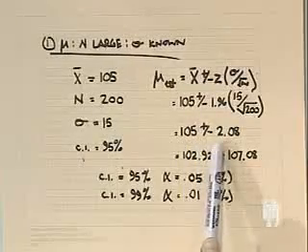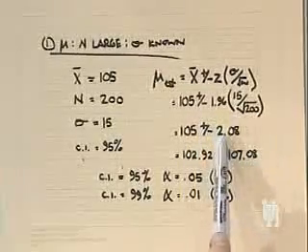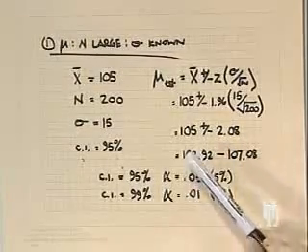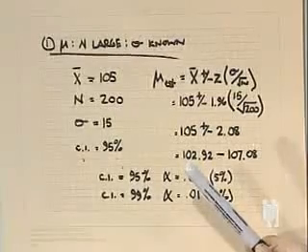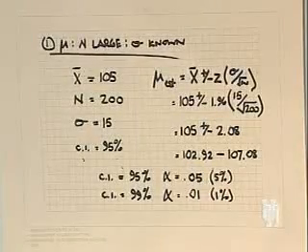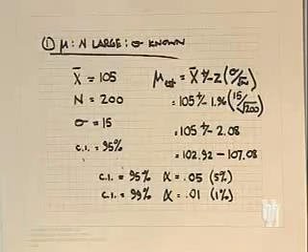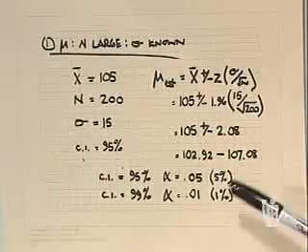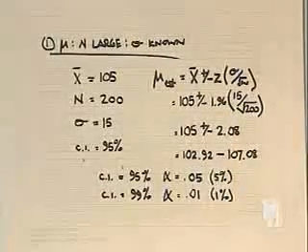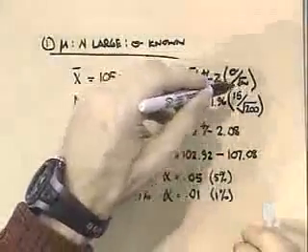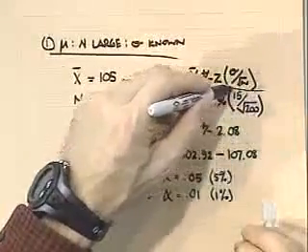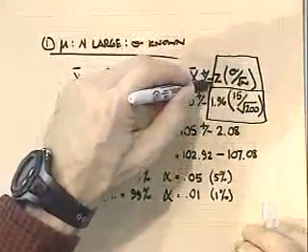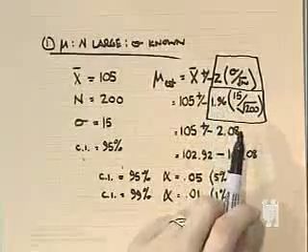So in our example, 105 was the point estimate. The plus and minus 2.08 represents the interval, but it represents the error too. And that's how it's reported to you and I on TV, for example, when we're told that the average IQ was 105. The error in that was plus and minus 2.08 IQ points. You understand that what determines that error component is this section of the computation.